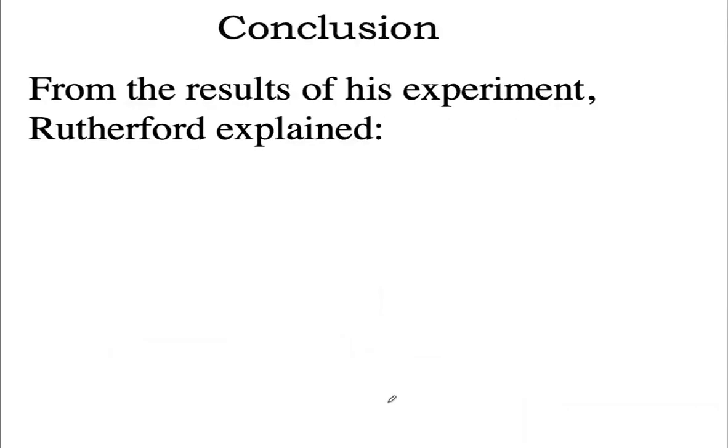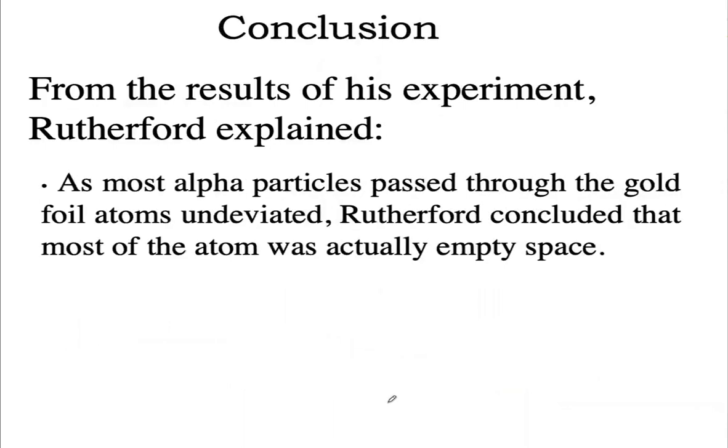Another conclusion he explained from this experiment is, as most alpha particles pass through the gold foil atoms undeviated, Rutherford concluded that most of the atom was actually empty space. If you look at this J.J. Thomson plum pudding model, what they said is that the atom is completely filled with a fluid which has a positive charge, while some negatively charged electrons are randomly distributed within this fluid.